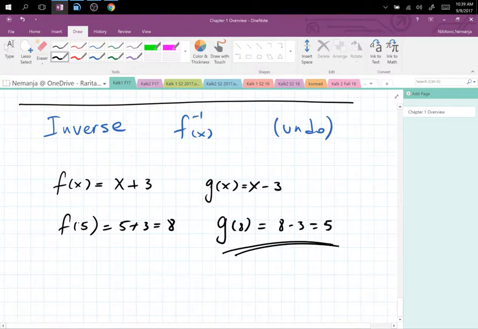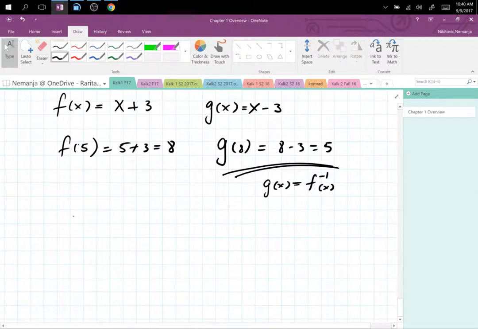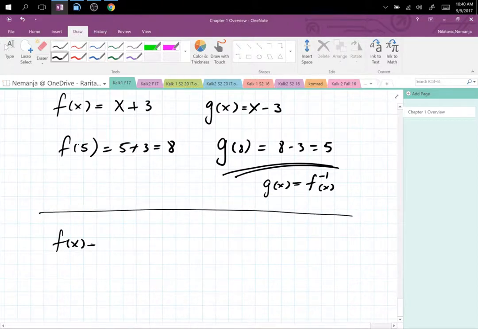We say that g of x is actually the inverse of f, because it will undo whatever f does. Another simple example would be f of x equals 2x, and g of x equals x over 2.